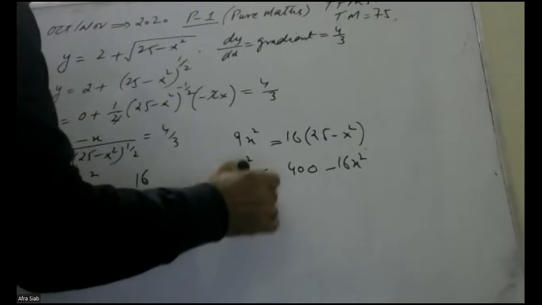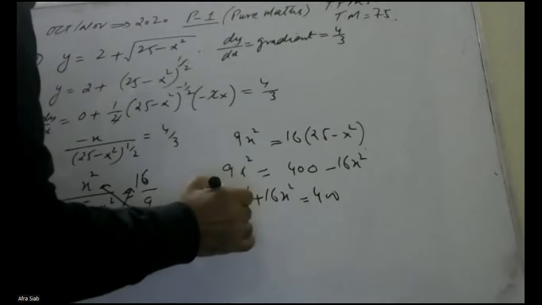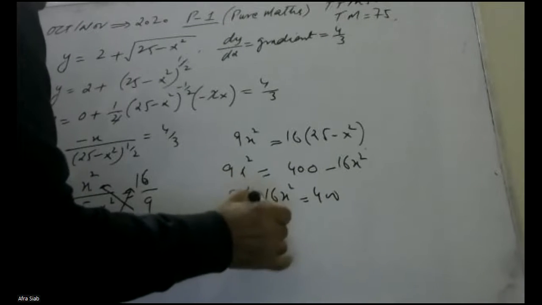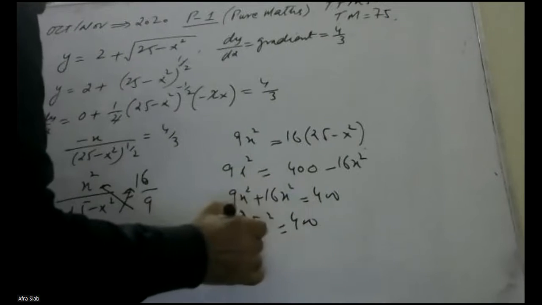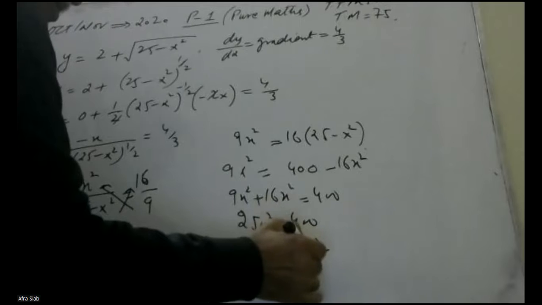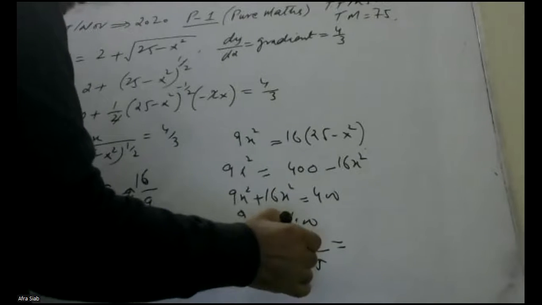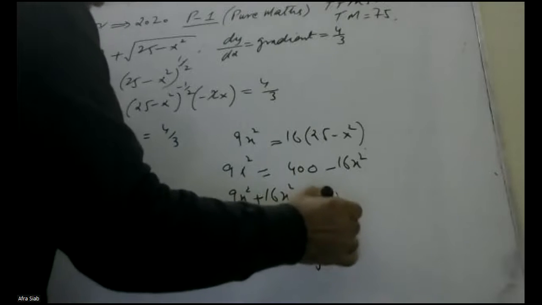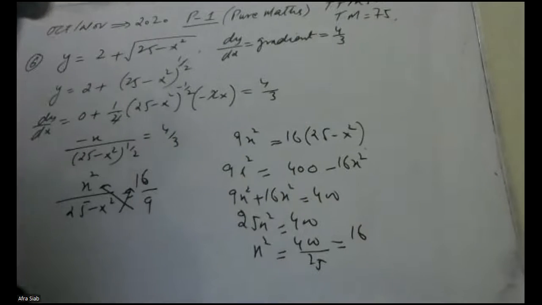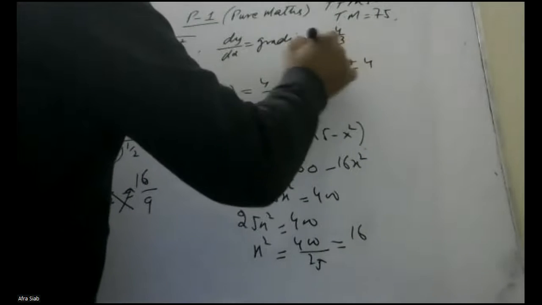This 16x square is this. That is equal to 400. So 25x square is equal to 400, or x square is equal to 400 over 25. That is equal to 16, so x should be equal to plus minus 4.